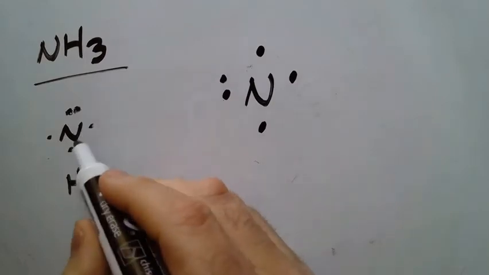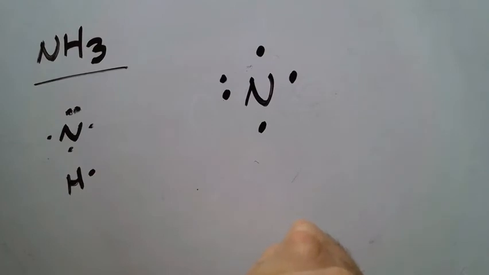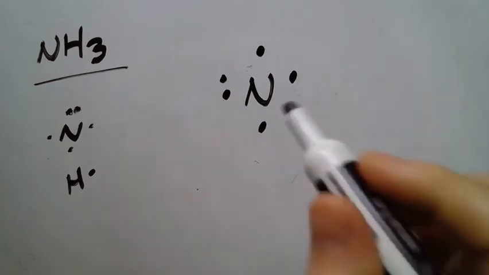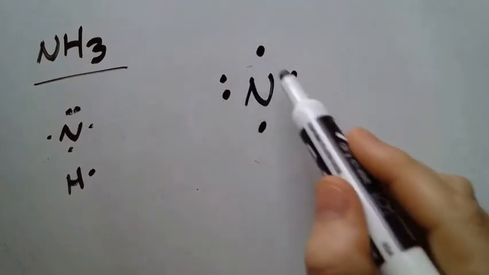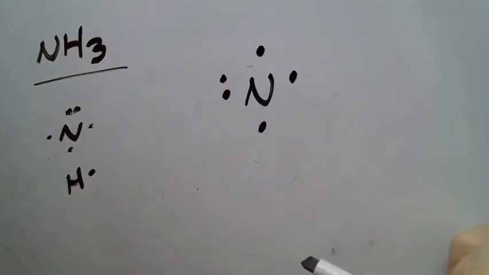So here, nitrogen has 3 lone dots. Therefore, it has a valence of 3. It can make 3 bonds normally. Hydrogen can make 1 bond normally, since it has 1 lone dot. So, since nitrogen has 3 possible bonds, I'm going to start off with nitrogen in the middle.